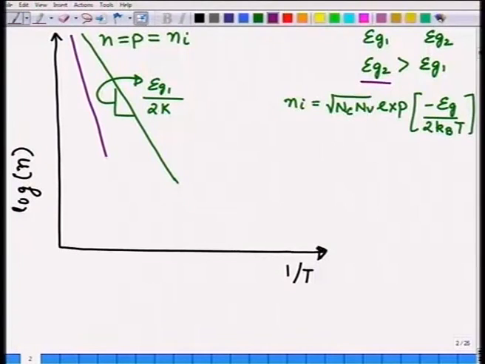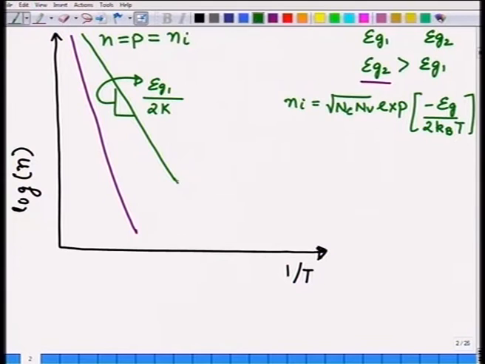Further, this slope will become greater and greater. I am avoiding the minus sign, I am simply saying a more negative slope is what it will become. Therefore, if I also simultaneously plot the intrinsic carrier concentration for the semiconductor with Eg2, I should plot it something like this.